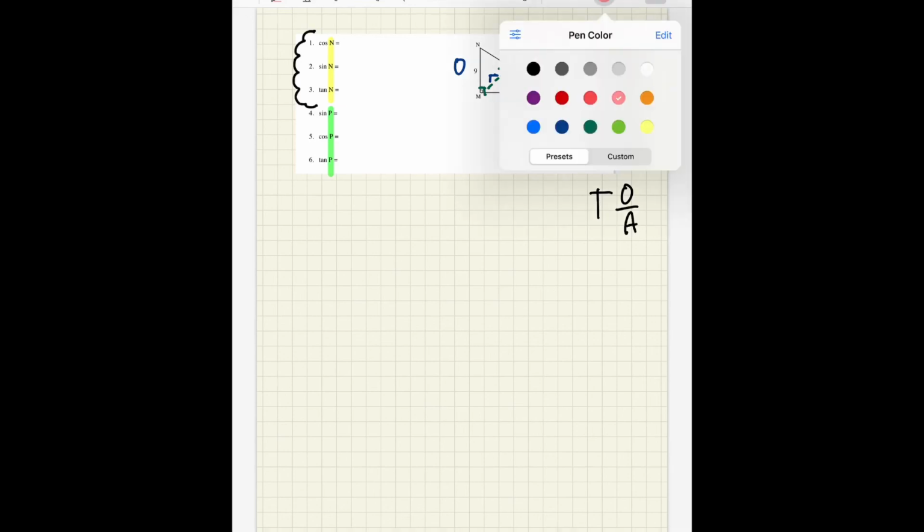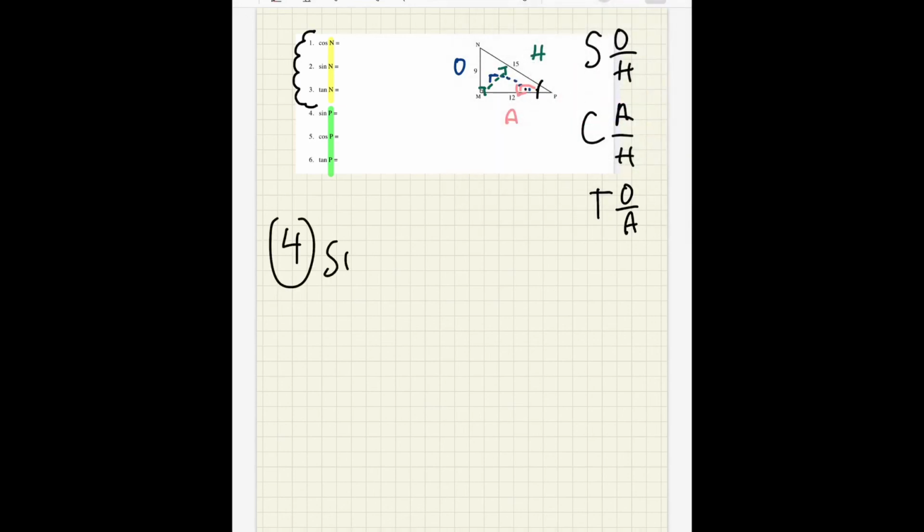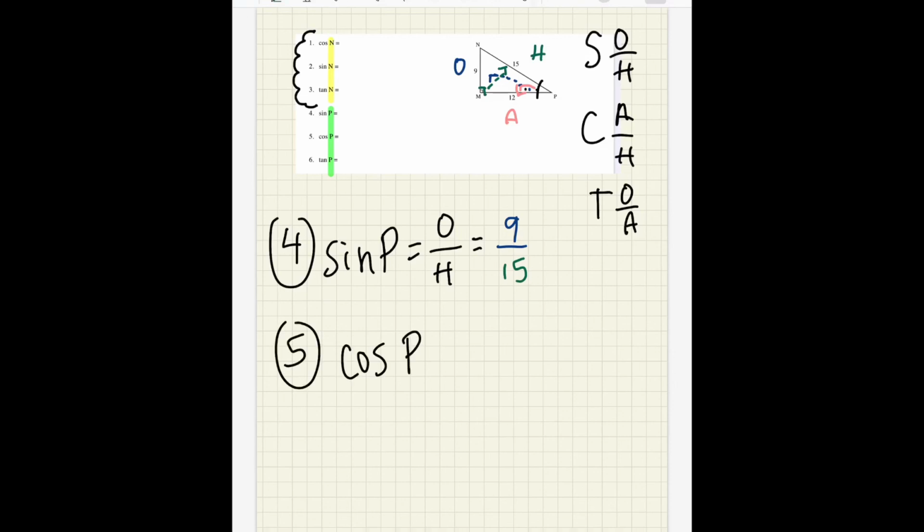And pretty straightforward. Number 4 is asking for the sine of P, which based on SOH CAH TOA is equal to the ratio of opposite over hypotenuse, which is just 9 over 15. For number 5, we're looking for the cosine of P, which based on these trig ratios is just adjacent over hypotenuse, which is equal to 12 over 15.